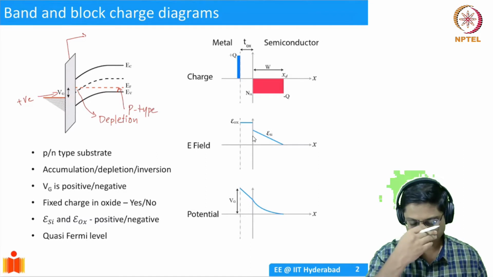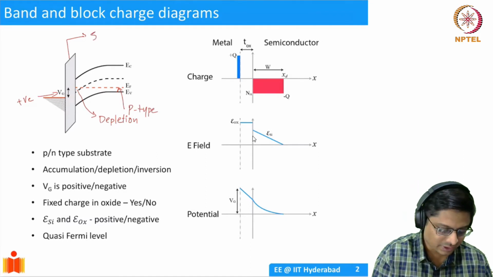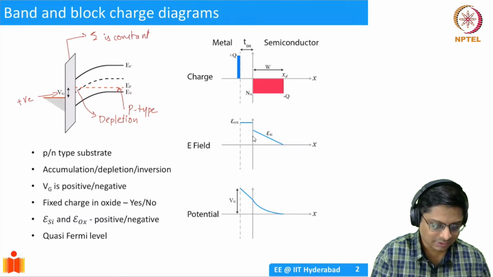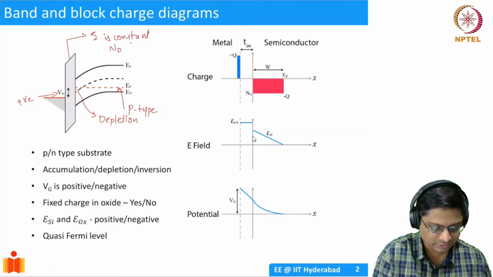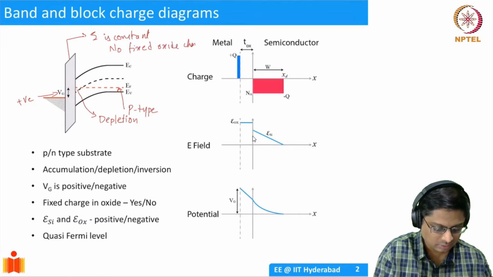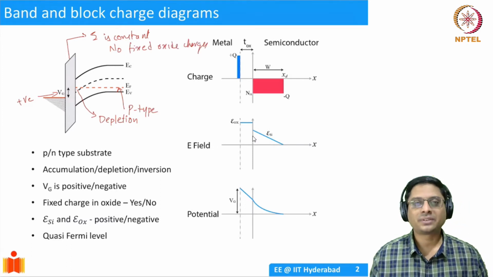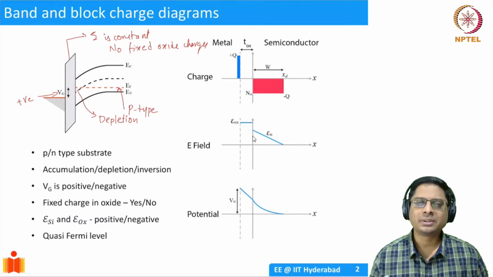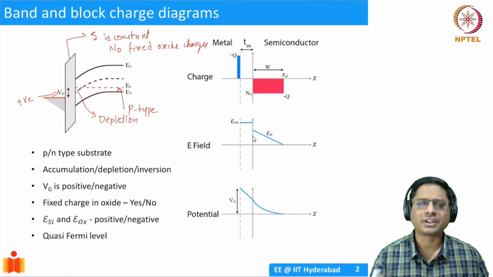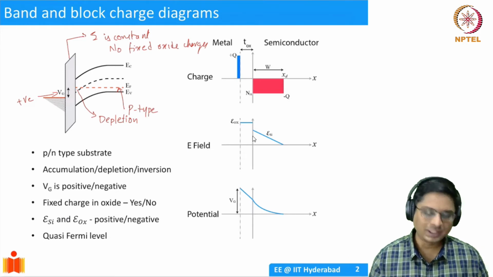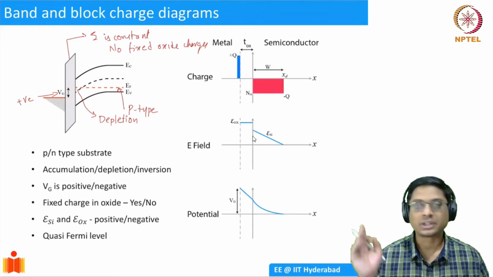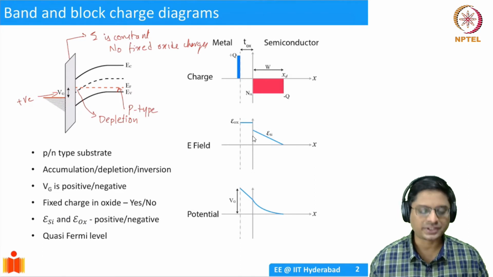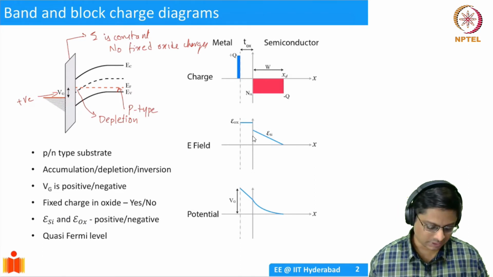The bands are bending in a linear fashion. So electric field is constant. And this implies there are no fixed oxide charges. Okay. Suppose there was an oxide charge, then dE by dx will be some function of x. Then it will not be linear. It might be quadratic or cubic or whatever, right? If there are some charges present in the oxide.